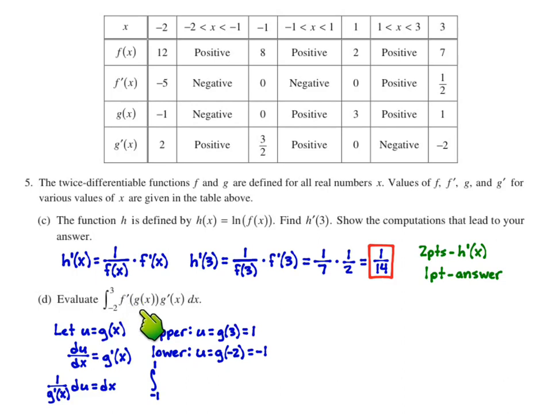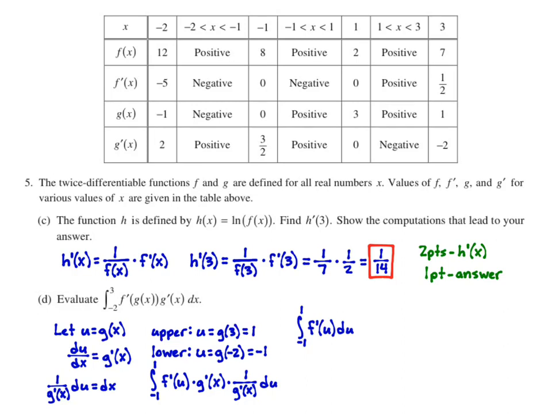We got f prime of u, since g of x is u, and then we're going to keep that g prime of x there momentarily, and then dx we solved for, we got 1 over g prime of x du, so we're going to substitute that in. And then we notice in this integral expression that our g primes are going to cancel out, so we can simplify this by saying the integral from -1 to 1 of f prime of u du, and then we can evaluate this really easily.